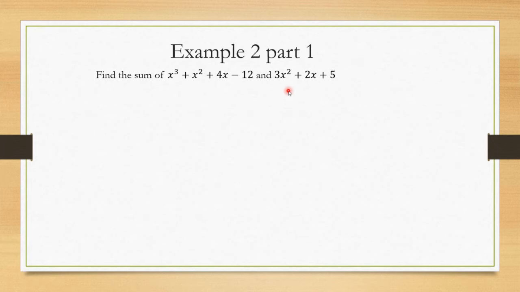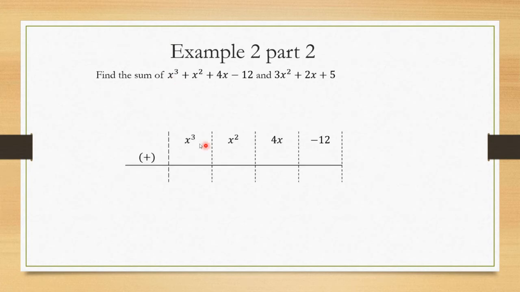Really it boils down to combining like terms. What I like about the vertical method, or column method as the book calls it, is that it's more visual, and it also helps me stay more organized. Since we're adding, finding the sum, I like to put the polynomial that has more terms on top. And that's what I do here, right?